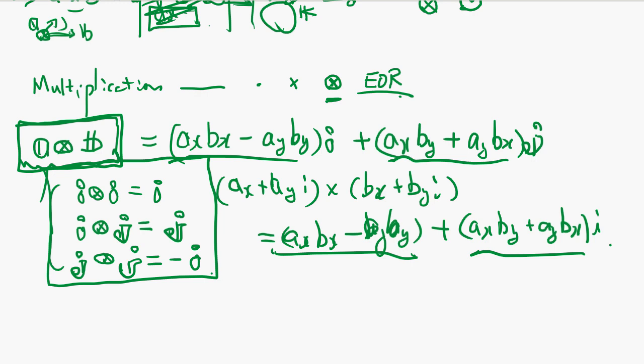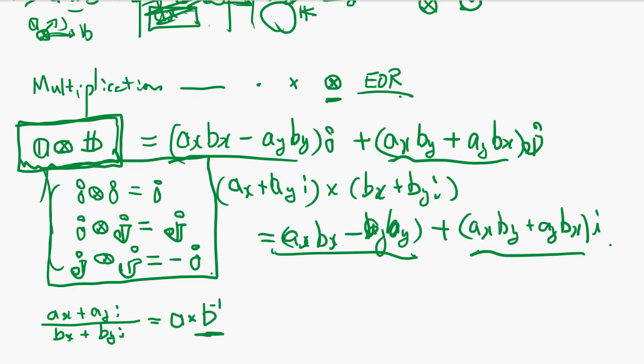One more thing we have to know is it's possible for a complex number ax plus ay I to be divided. And what is the definition of division? The definition of division is basically multiplication by the reciprocal number.